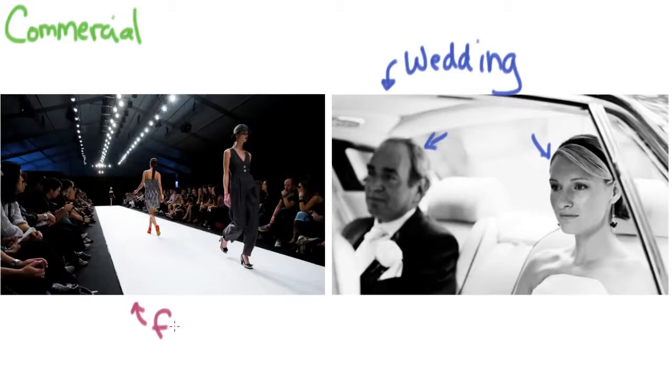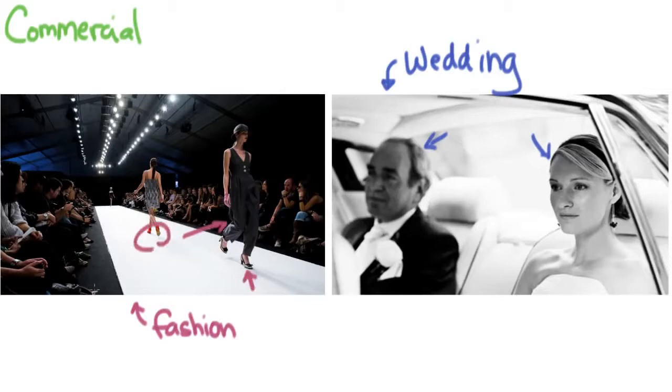Fashion is also a very big piece of commercial photography these days. It's everywhere. In the Western world, it's probably one of the types of photography that we see the most. Fashion photography can be journalistic if you're being sent by a paper or a magazine to document an event, but very often you're being paid by maybe the maker of this pair of pants or these fancy red shoes.